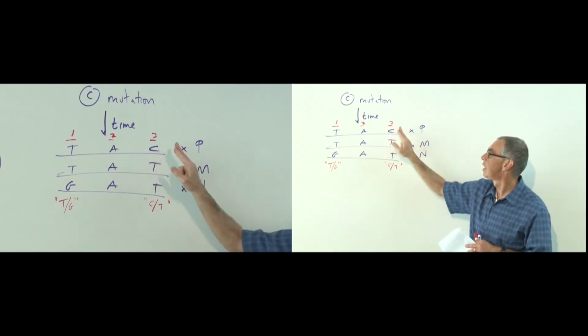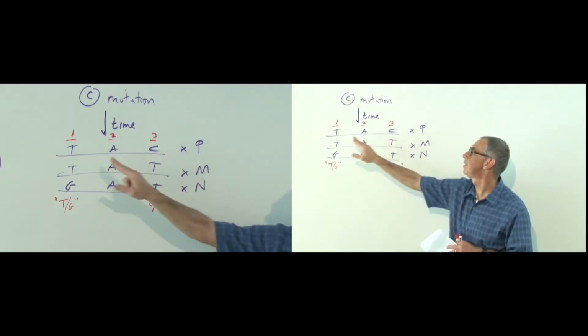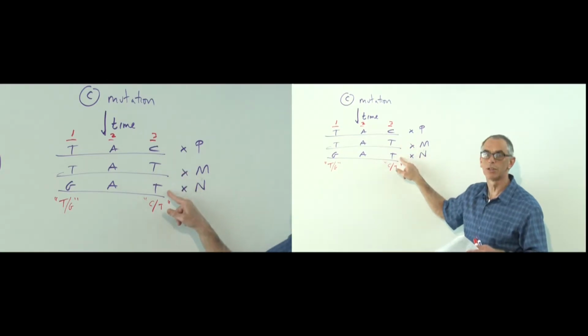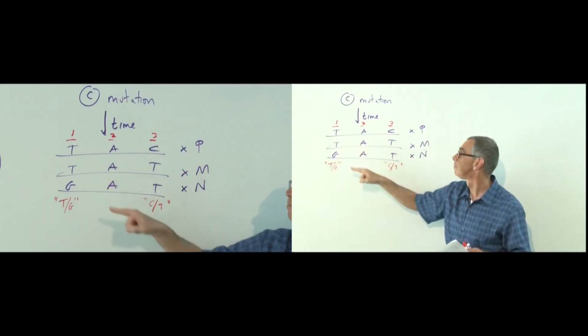So knowledge of this allele, that is to say if it's a C, tells you that position 1 must be a T. Now, if I tell you that it's a T at position 3, you don't know for sure if it's going to be a T or a G.